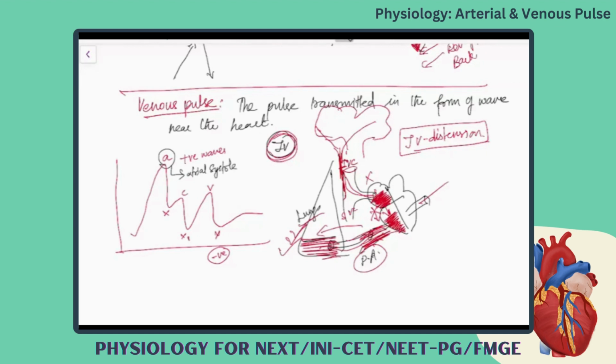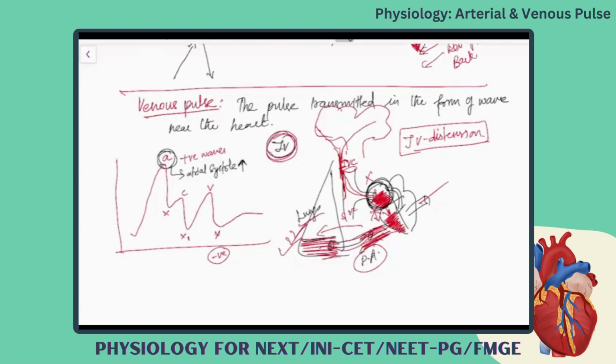Okay, so due to the pressure rise in the atrium, because of the filling of blood in the atrium, that increases the atrial pressure and makes the atrial systole happen. So the blood is moving from the upper chambers to the lower chambers. So this rise of the pressure in the atrium during systole is giving you the wave called the A wave. Okay, clear? And next, followed by the C wave.